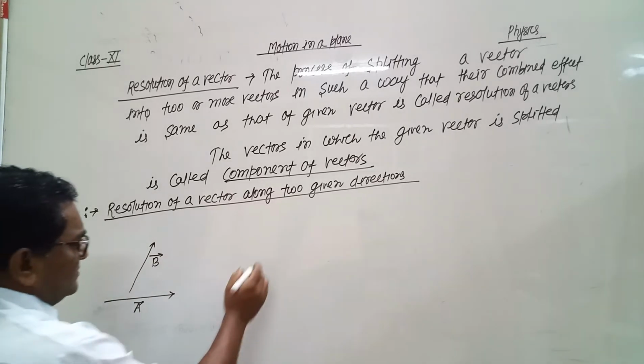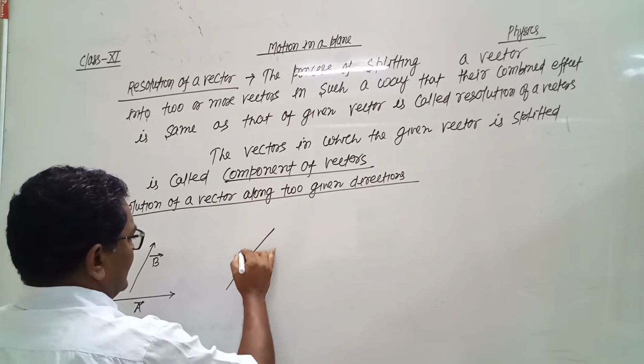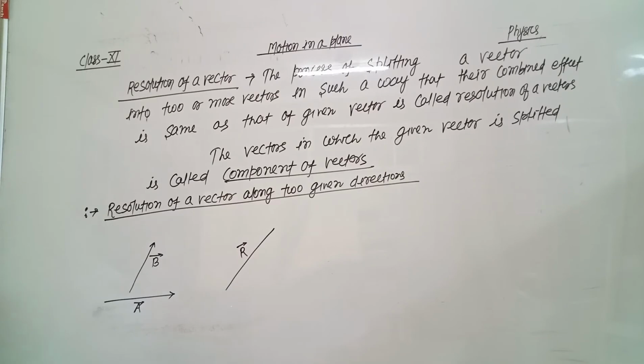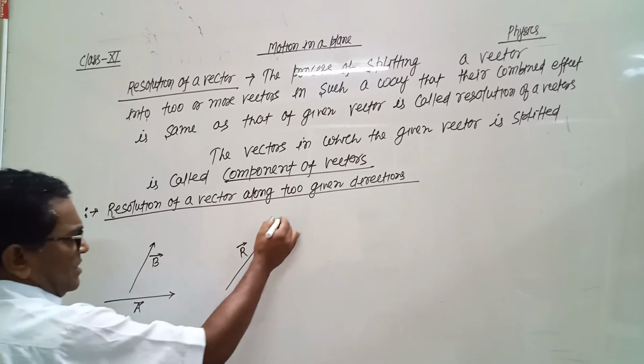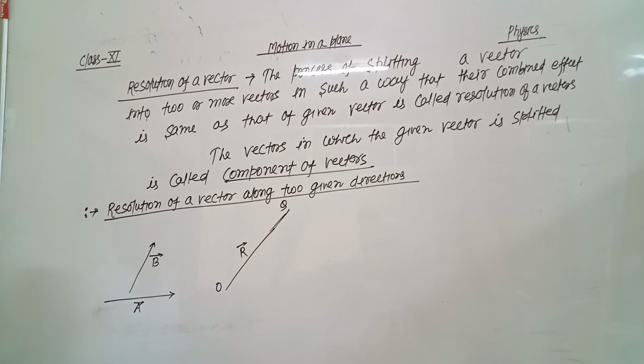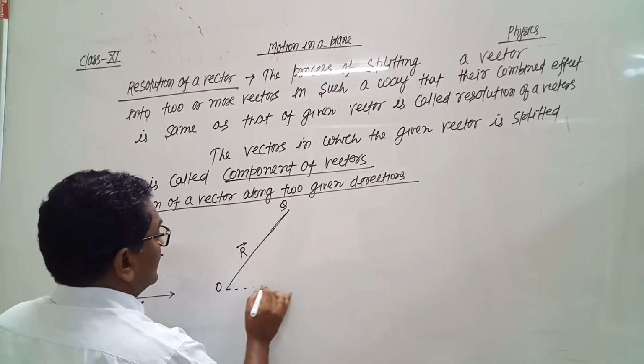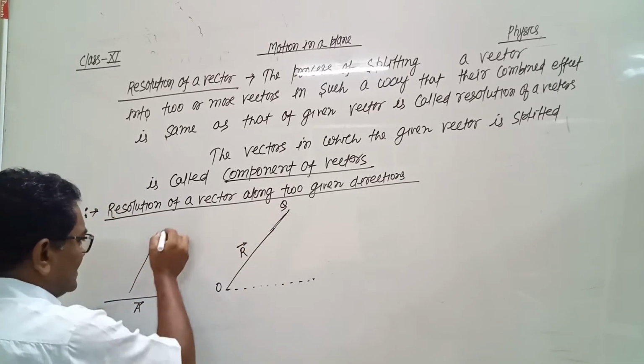And in those directions, we have to split a vector R. There is a vector R, and we have to split the vector R in two given directions, meaning in the direction of vector A and in the direction of vector B. Let OQ equal vector R. So the direction of vector A is this, and the direction of vector B is this.